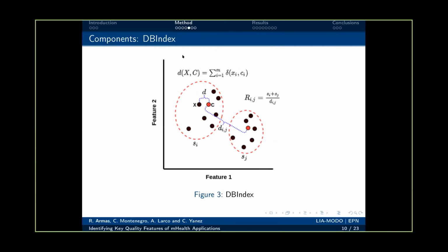The DB index is the Davies-Bouldin index, which is the quality of the clusterization measured by within distance. For each element that belongs to each cluster, the index measures the within distance and also the distance between clusters. In that way, we can get a value for the quality of the clusterization.